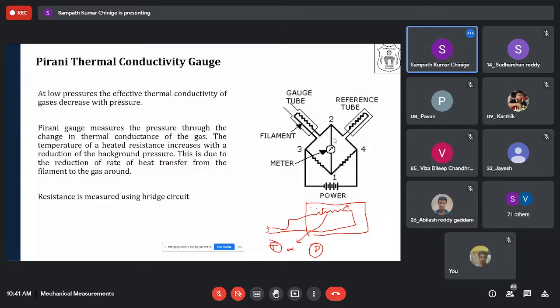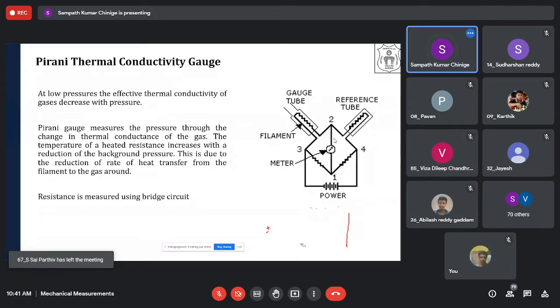But for this, we need to put thermocouples or thermometers, and we can make only a discrete measurement, not a continuous measurement. So in order to overcome that, what we generally do is use a resistance circuit. What do I mean by resistance circuit? We connect it to a Wheatstone-Bridge circuit, and I hope you know the Wheatstone-Bridge circuit. We have 4 resistances in general.